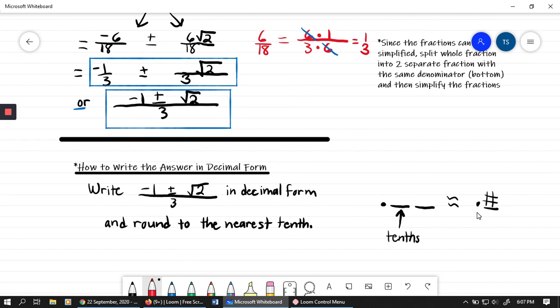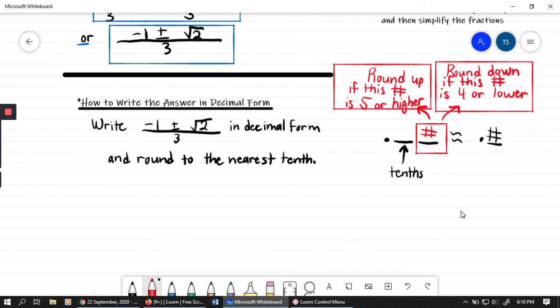If that number is 5 or higher, you round up, and if the number is 4 or lower, then you round down. So you look at this number, you round down if it's lower than 5, and you round up if it's 5 or higher.